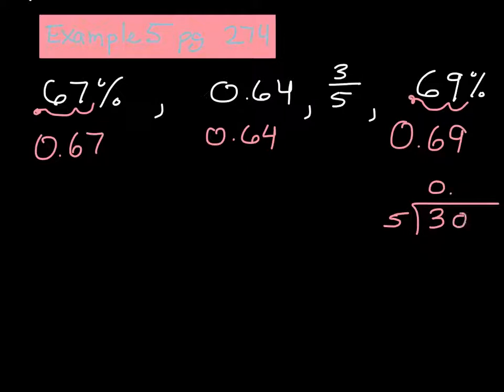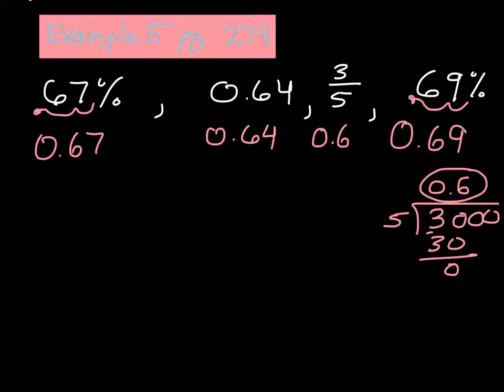And then we can just add a bunch of zeros here if we need to. So 5 does go into 30 6 times. 6 times 5 gives us 30. And that doesn't give us any remainder. So 3/5 as a decimal is 0.6.